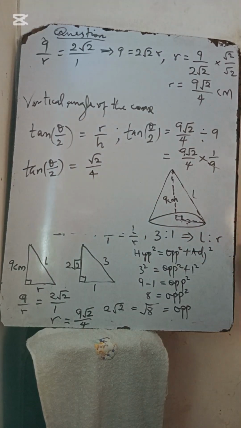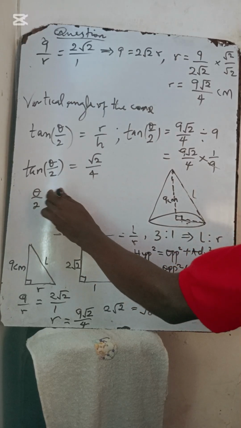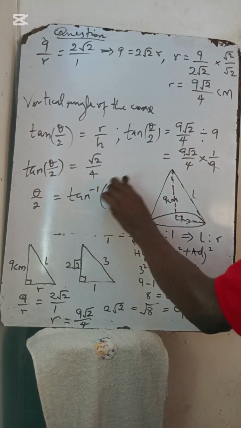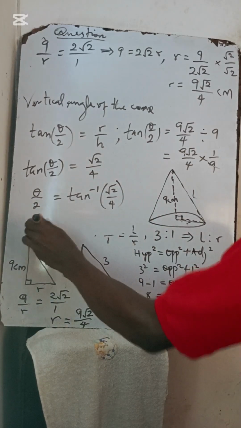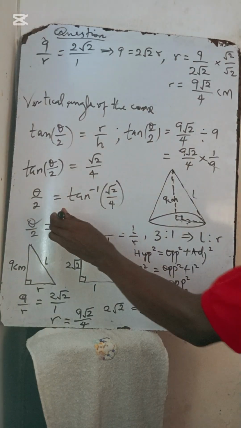So we take the arctan of both sides, then we have arctan of root 2 over 4. Computing this on our calculator, the arctan of root 2 over 4 is 19.47.